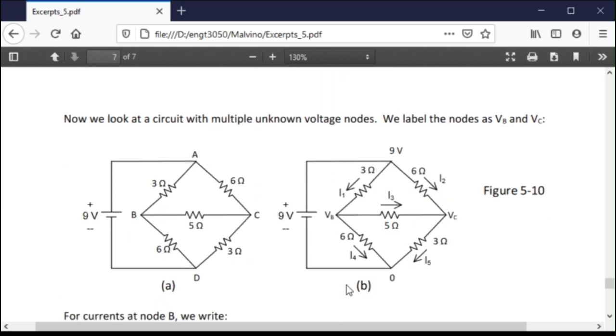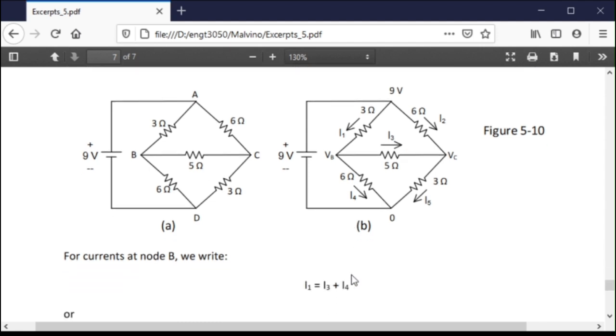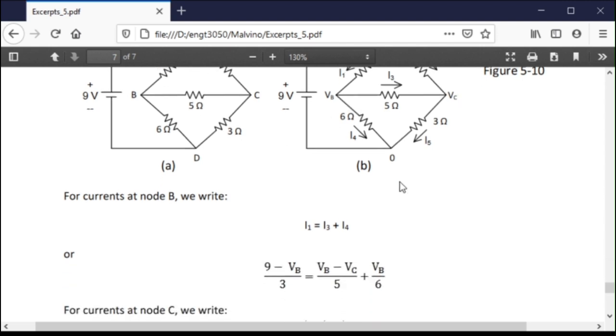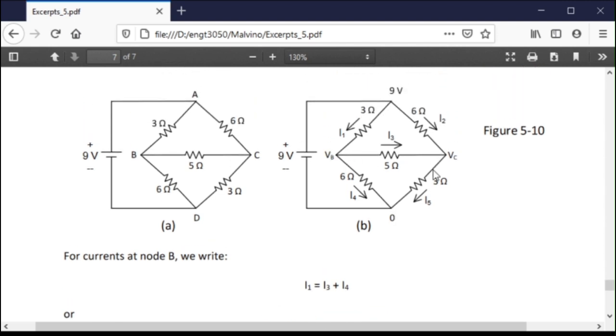And again, we can solve for VB, VC in multiple equations, multiple unknowns. Here we discover that if we have 3 panes, and there are 3 panes in this, as well as this, that solves to 2 unknowns, 2 unknown voltages, VB and VC.